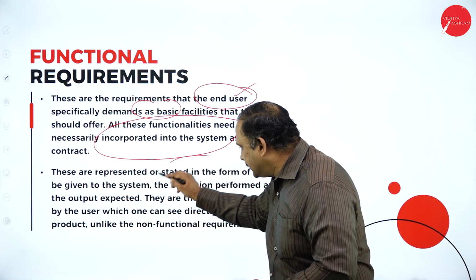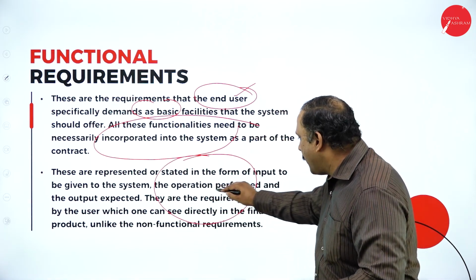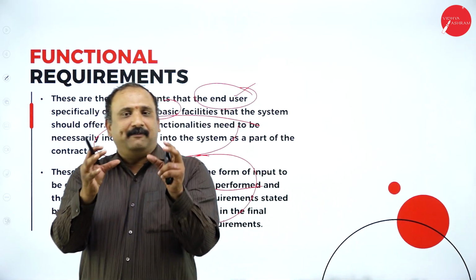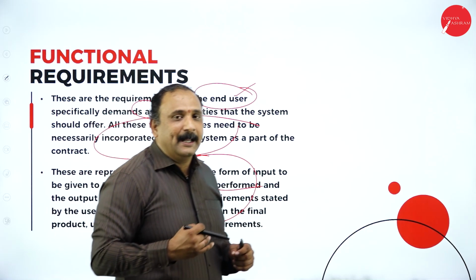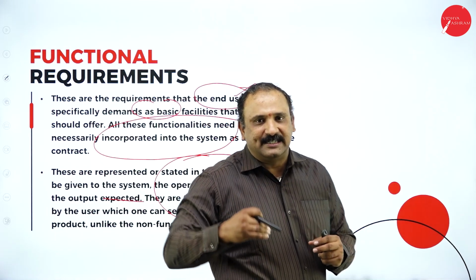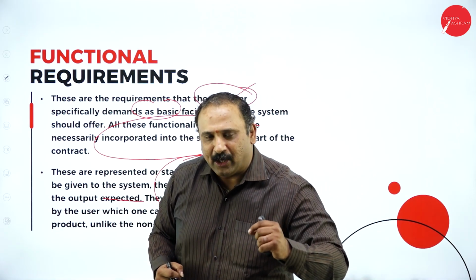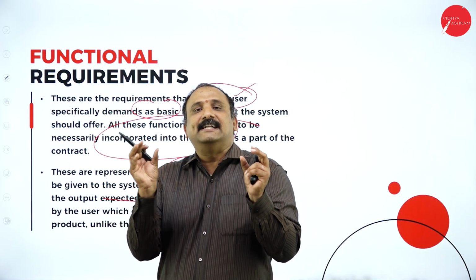Moving on, they are represented or stated in the form of input given to a system, that means to say the operation performed and the output expected. Now, this is very, very simple. Why? Because let me just take you back to the classroom for a while. When we were in our small classes, in kindergarten, when the teacher used to say A, automatically the children would say A for apple, and that's an expected output.